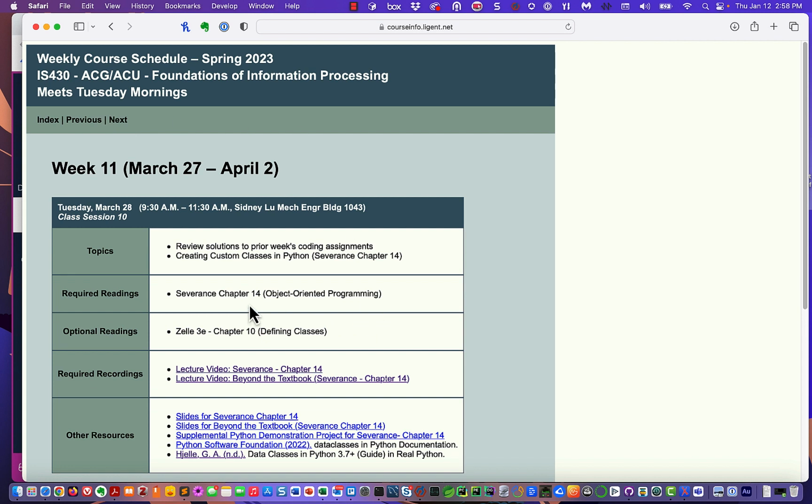The next chapter that we cover is Severance, Chapter 14 on object-oriented programming. And here's where we learn how to write custom Python classes ourselves.